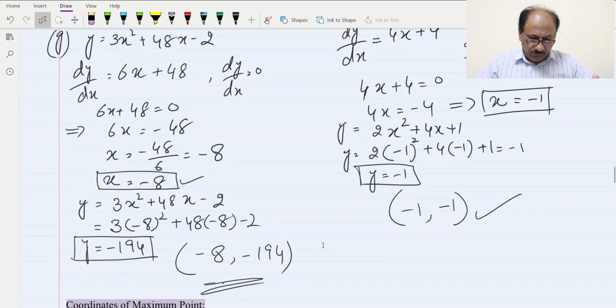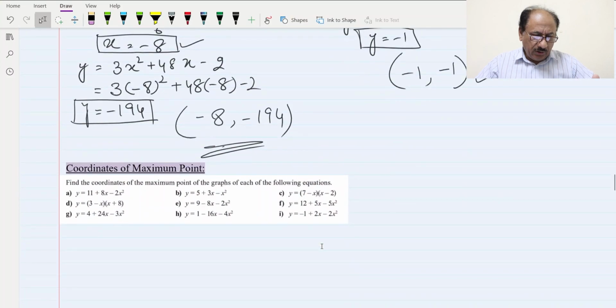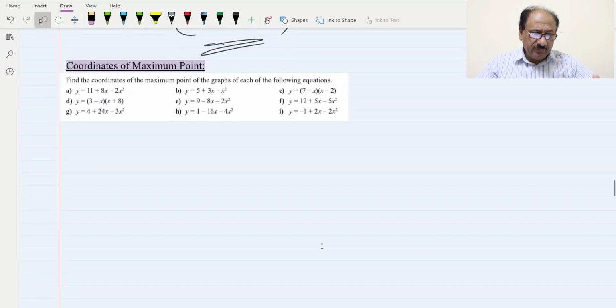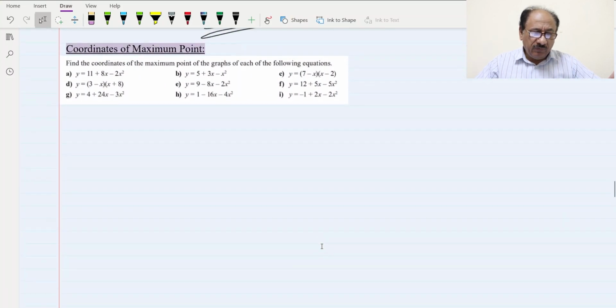Now we can move to the next section, which is coordinates of the maximum point. For maximum points also, our strategy will be the same: find the derivative, put derivative equal to 0, and find the x coordinate. After finding the x coordinate, replace it in the original equation and get the y coordinate.